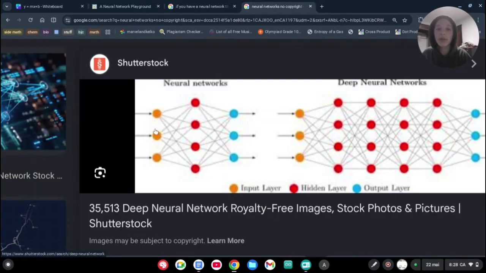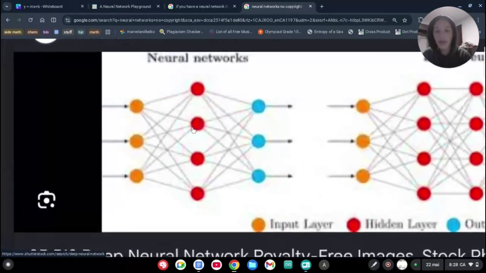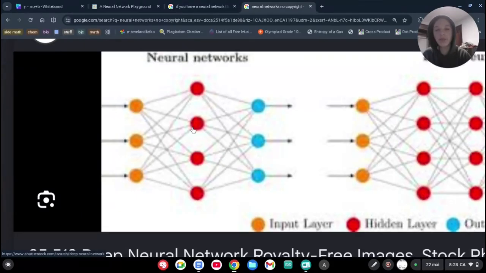Why are there neurons below it? I also believe that this neuron will be the sum of input 1 times weight 1, input 2 times weight 2, and input 3 times weight 3, all of that plus the bias. So all of these are going to be feeding a part of the inputs to this neuron.